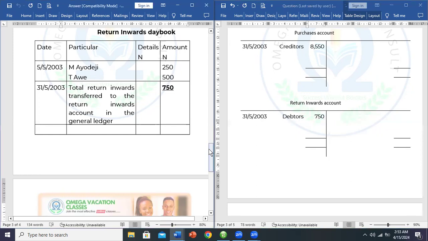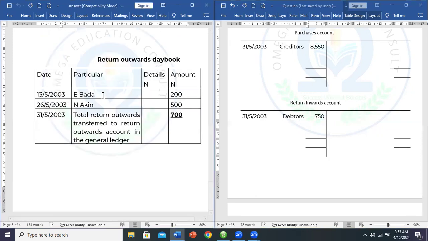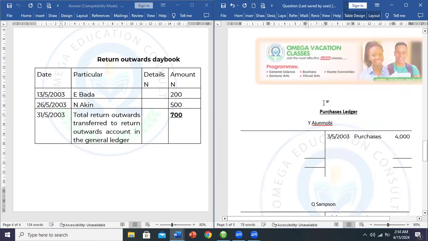So finally, the return outwards is going to affect our creditors because the business returns goods back to the creditors. So our creditors have their accounts in the purchases ledger. So let's go to the purchases ledger, which is here. And the first return out was from Ibadah.